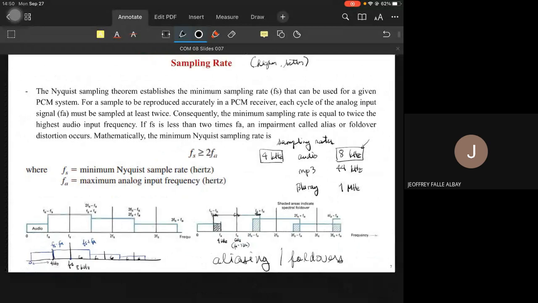The bottom line is that the sampling rate should be twice the maximum frequency of the input signal. Remember that from the previous slide. This is the bottom line first.